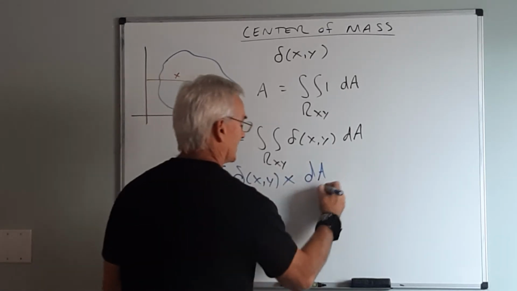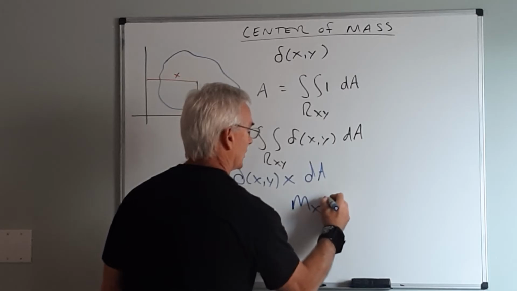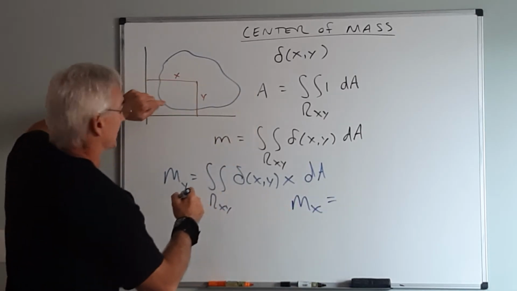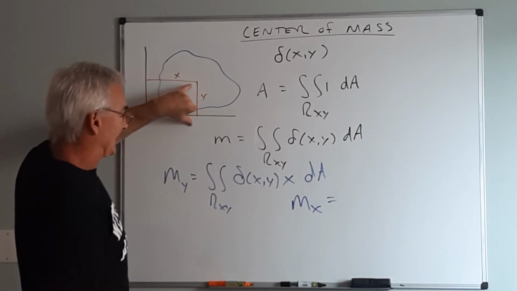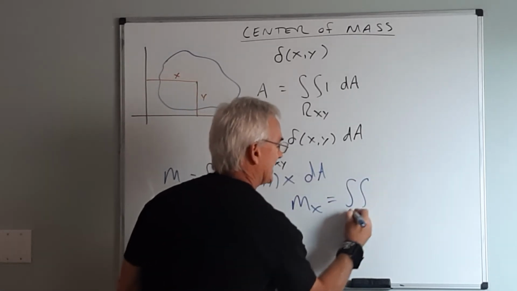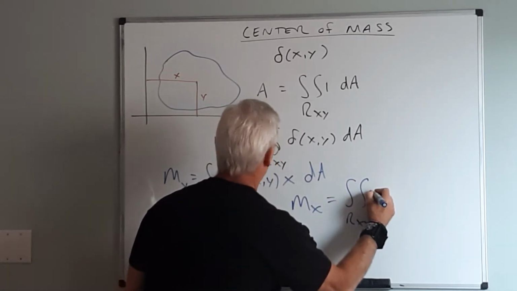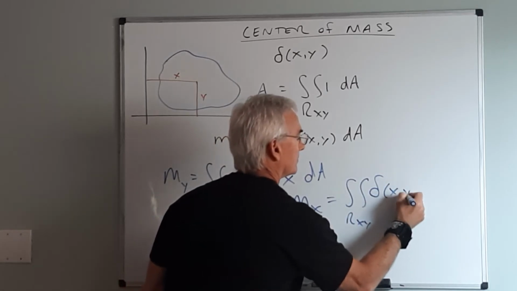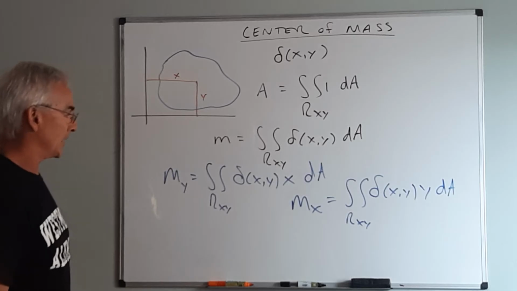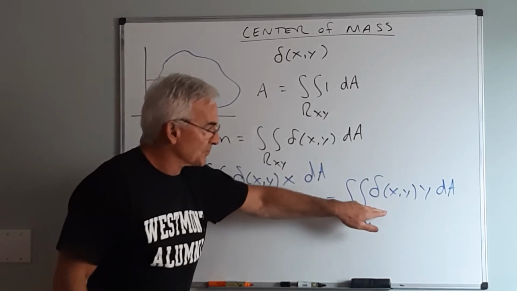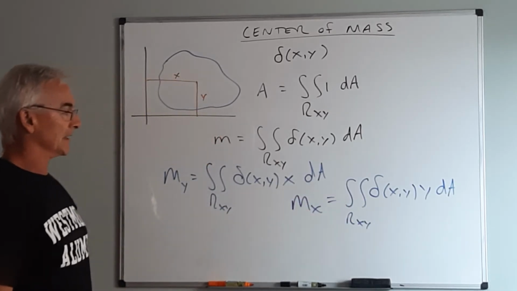But what's nice is that the moment to the x-axis, which is the y distance, I can now insert the y variable because x and y are both independent variables. And this calculation is probably much easier than it was in Calc 2.